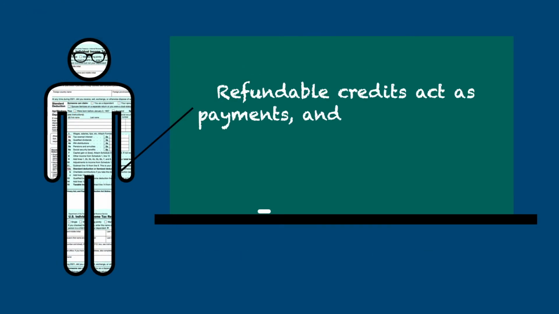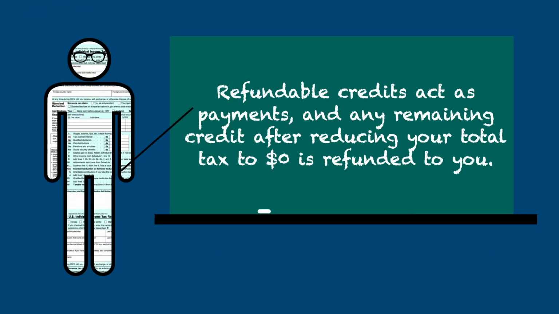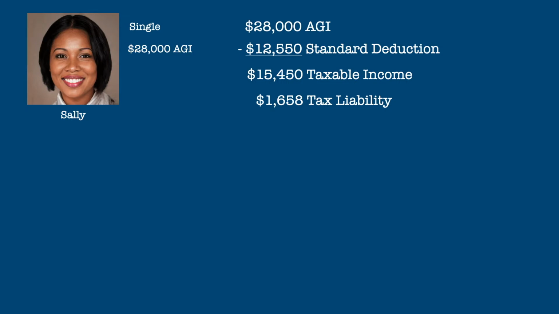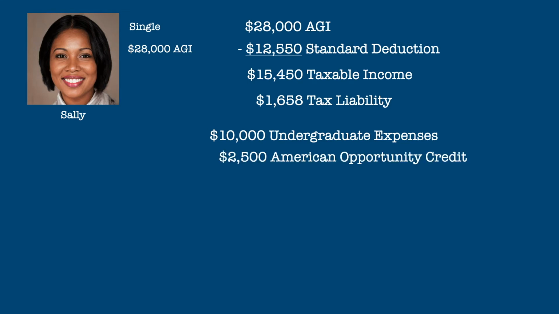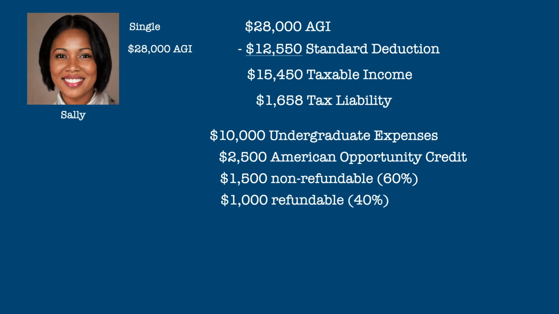Refundable credits, on the other hand, act as payments, and any remaining credit after reducing your total tax to zero is refunded to you. Hence the name refundable credit. Now let's suppose instead Sally is getting her undergraduate degree, and her $10,000 in expenses qualify her for a $2,500 American Opportunity Credit. 60% of the credit is non-refundable, and 40% of the credit is refundable.